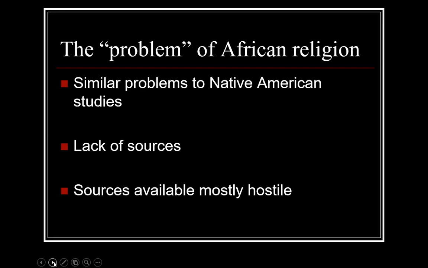But with the spread of Islam beginning in the 7th century, a lot of that Christianity begins to decline. It's not entirely wiped out, but it is in significant decline.